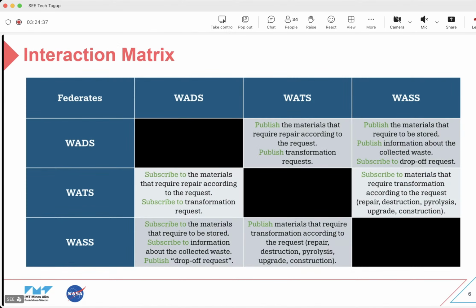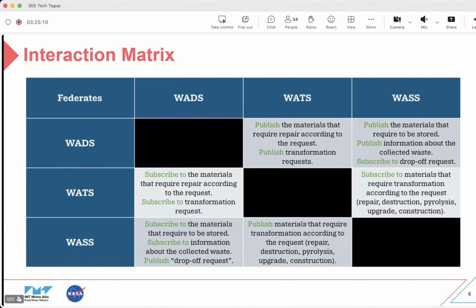And this is how we split our interactions. The dismantling system sends all the materials and all of the information to the transformation system based on its status, as I just explained, or to the storage system after dismantling, if it requires some kind of storage, and vice versa if we need to dismantle any items.